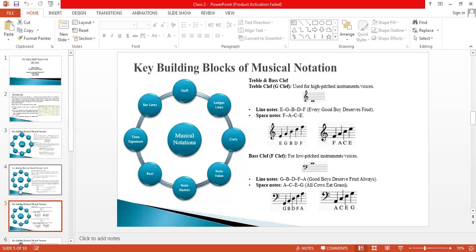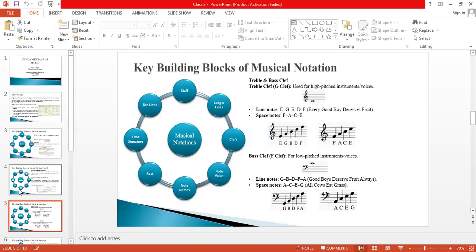We talked about note names earlier, having an alphabet from A to G. Now, for the G clef, on the lines we have E, G, B, D, F, which can be easily recited as Every Good Boy Deserves Fruits. Every good boy deserves fruits.